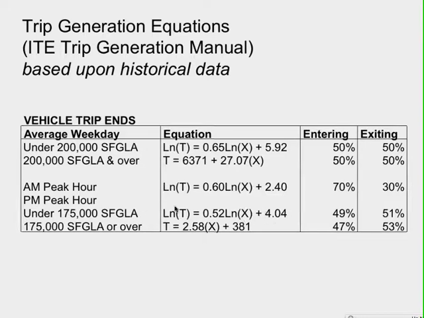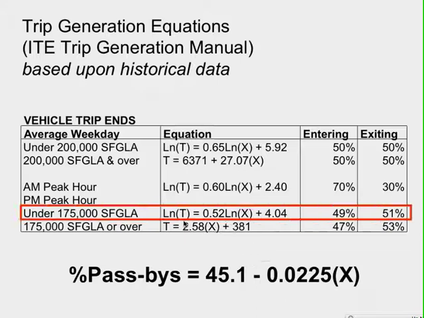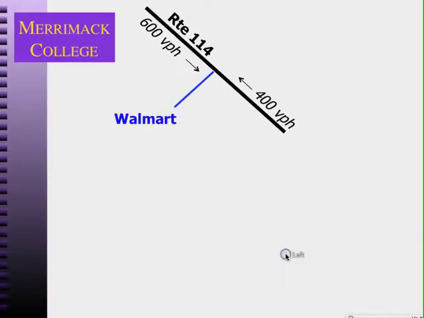We have an equation that will give us the number of trips made during that peak hour for a given size of shopping center. Once again, we have the percent pass-bys given as well, and this is all based on historical data. So we're going to use this equation. We also know how many are coming in and how many are going out during that PM peak hour.